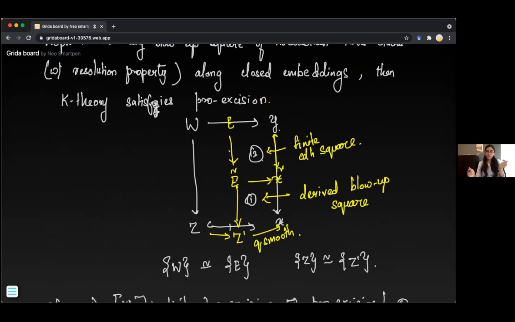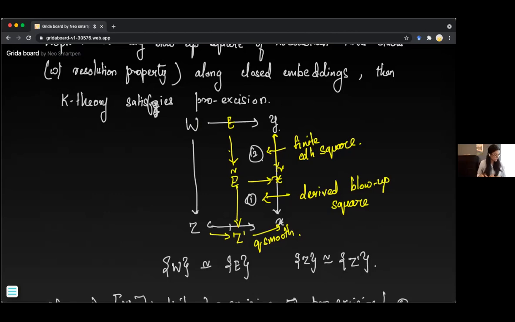And this Y prime to Y, the proper covering, is also by some sequence of blow-ups. So excision for these kind of blow-up squares would tell you that you have excision for all abstract blow-up squares as well.